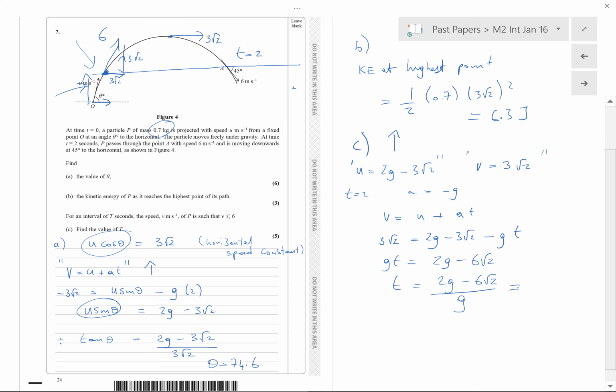Working that out, that comes to 1.13 plus a load of other stuff. We're only working in 3 significant figures. So t is the difference between these two times, which is 2 minus 1.13, which is equal to 0.87.